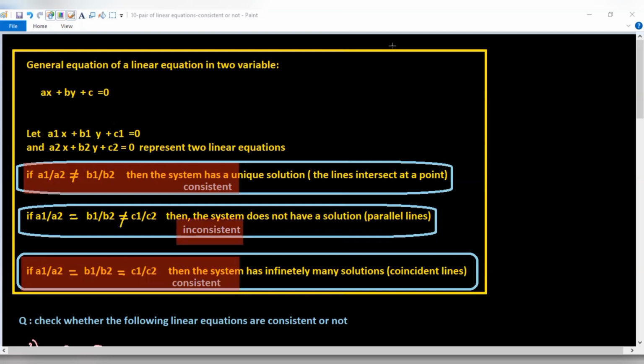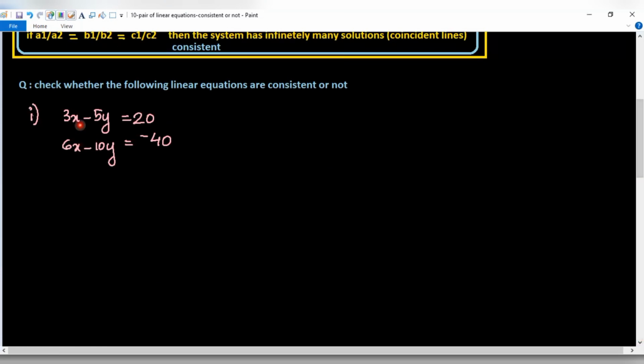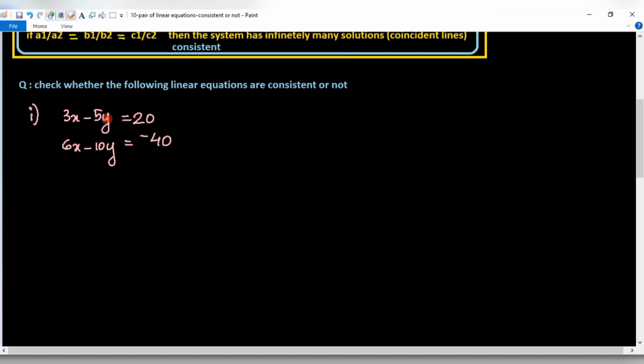Now let us go to the question. This is the first one. The given equations are 3x minus 5y equal to 20 and 6x minus 10y equal to minus 40. Here a1 is 3, b1 is minus 5, but the constant term is on the right side.